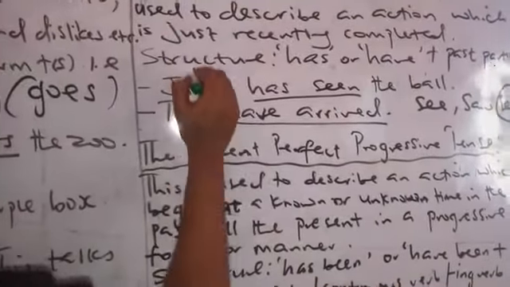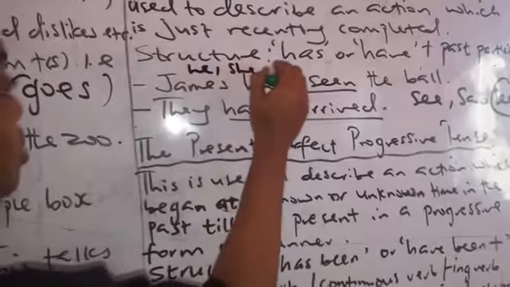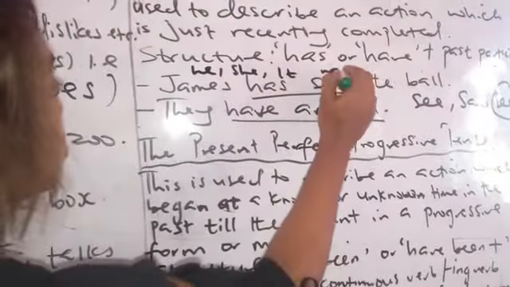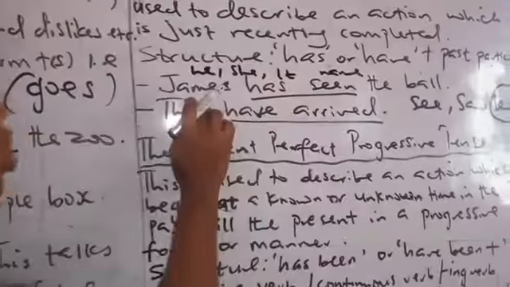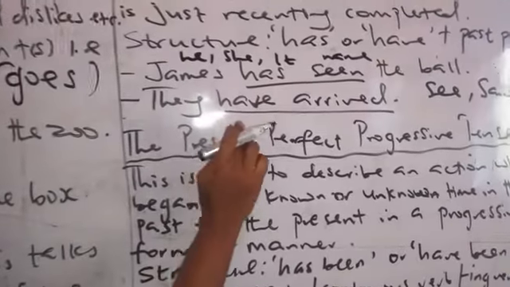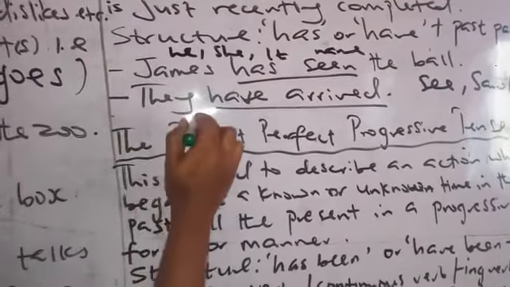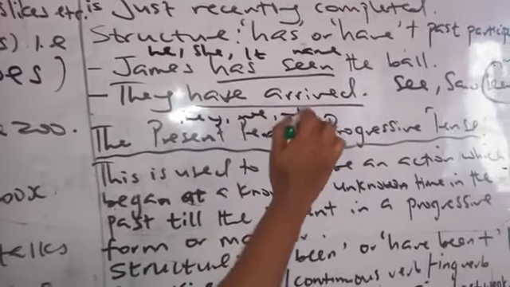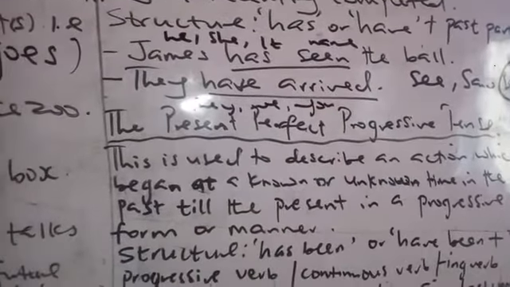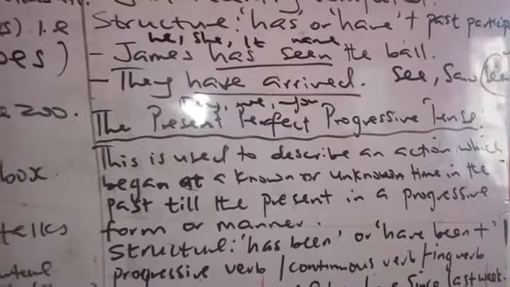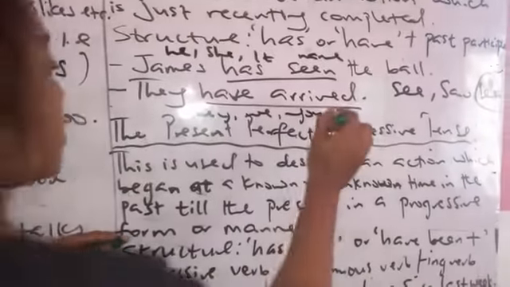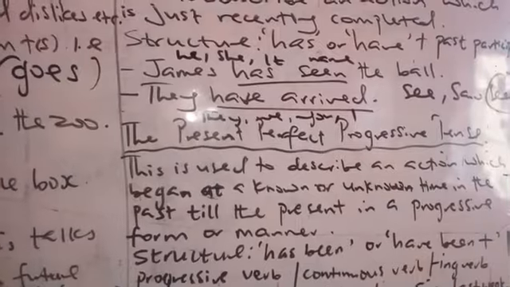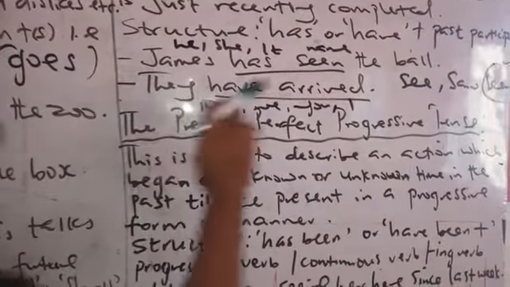You use has for he, she, it, or someone's name. For you to use have, it should be with they, we, you. Alright? They, we, you, and I. So they have arrived.